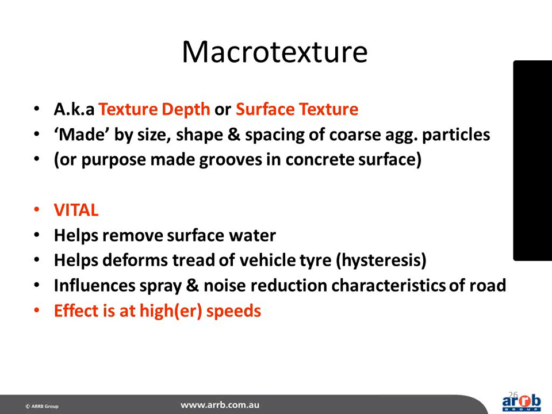What happens with the macrotexture is that it actually deforms the shape of the tyre, and that enables some of the force, some of the heat, some of the friction to dissipate. We get what we call hysteresis between the tyre and the road surface. And that has a great effect in enabling us to grip and stop and manoeuvre at higher speeds.